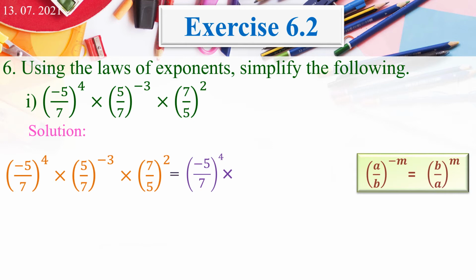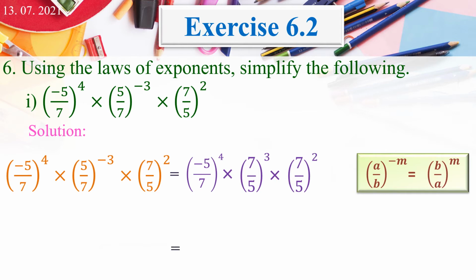To convert negative exponent to positive, we have to convert the given fraction to its reciprocal, then the power becomes positive. Likewise, 5 by 7 whole power minus 3 becomes 7 by 5 whole cube into 7 by 5 whole square.